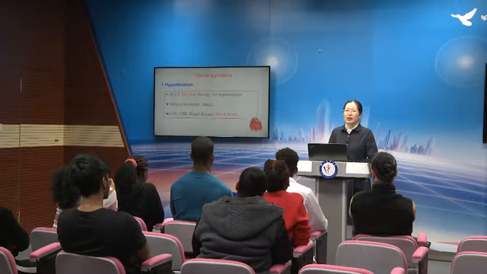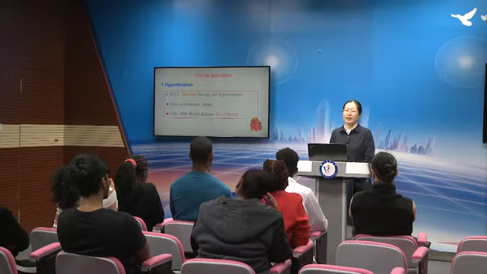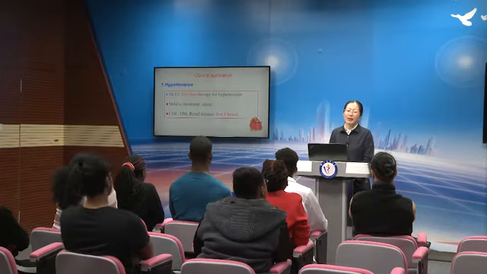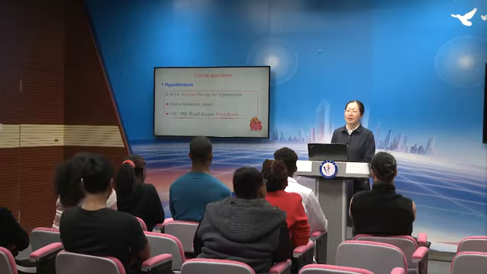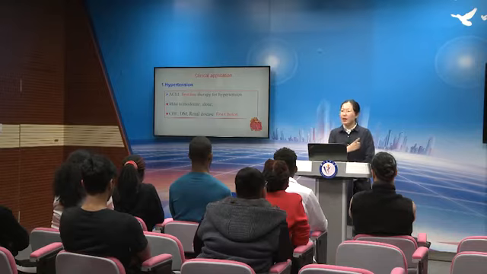And so we use ACEI to treat these diseases. The first one is hypertension. ACEI is the first-line therapy for hypertension. To treat mild to moderate hypertension as monotherapy, only one agent alone is used.